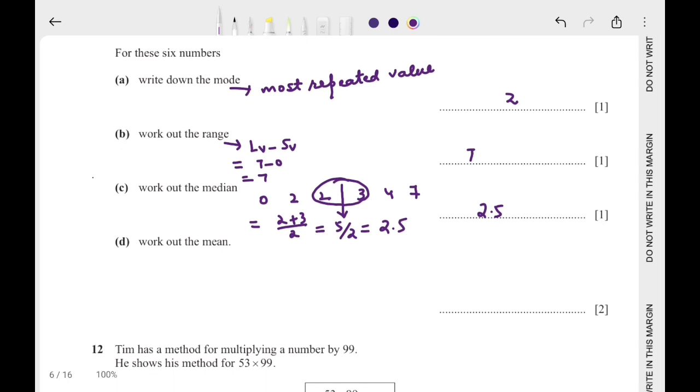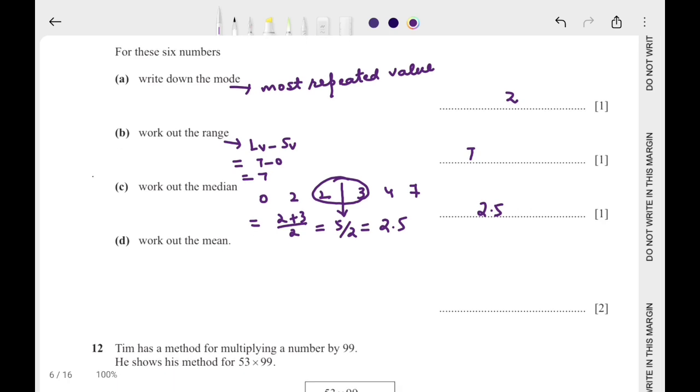Now work out the mean. Mean means centered value or average.